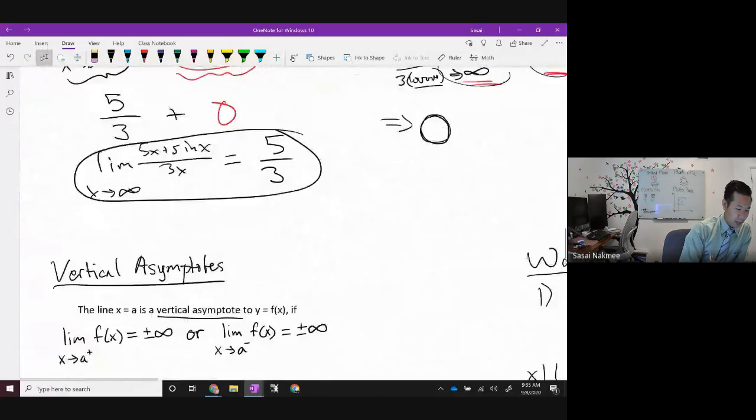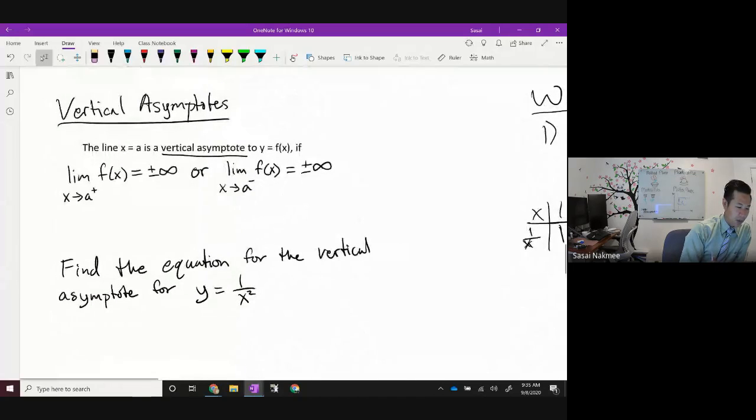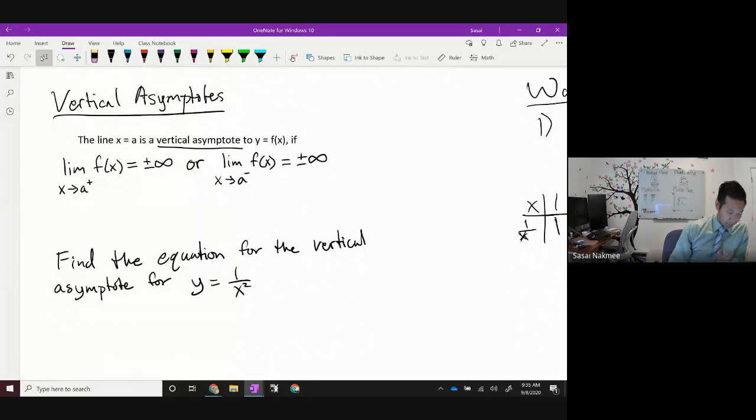Hopefully this is a nice refresher, because now we're going to go back to our lesson today to finish up, which is vertical asymptotes. I'm going to give you a second to get your notes ready. Vertical asymptotes are simply defined by this limit definition.